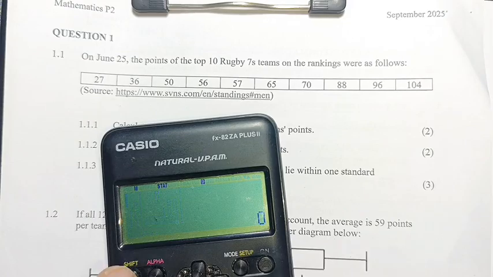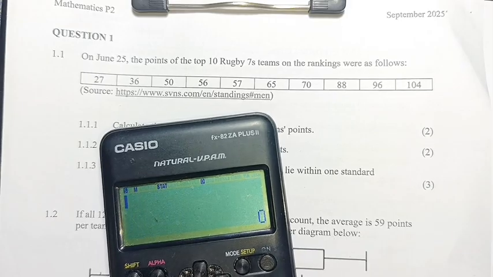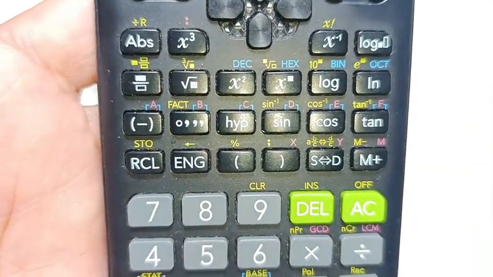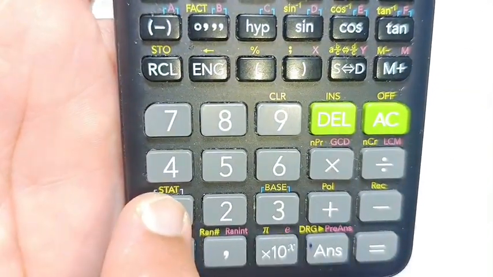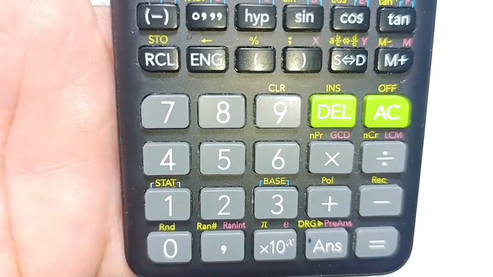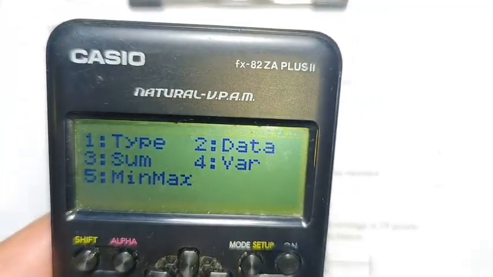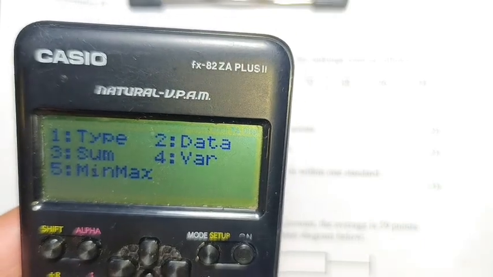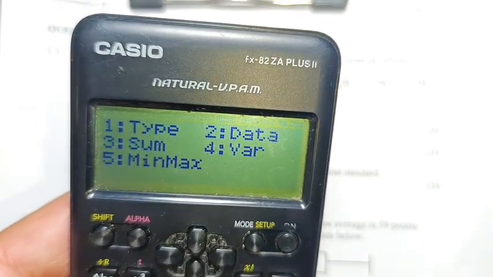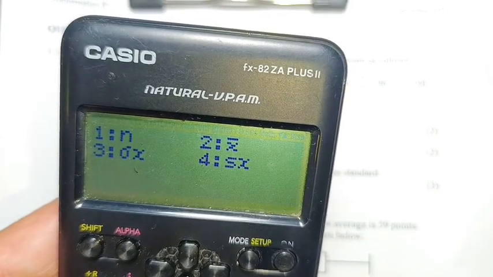Press AC, shift, number 1 stat. It shows all the options. Then press number 4 variance.